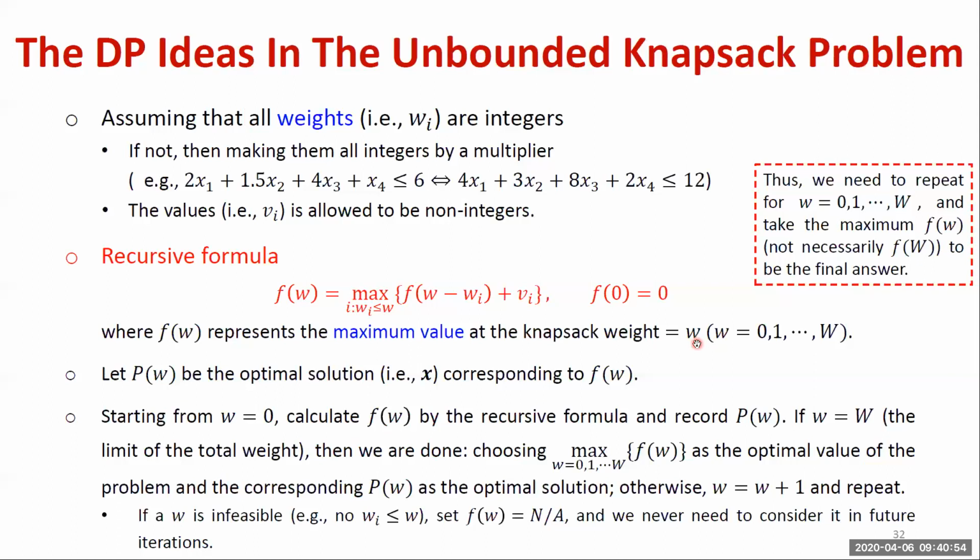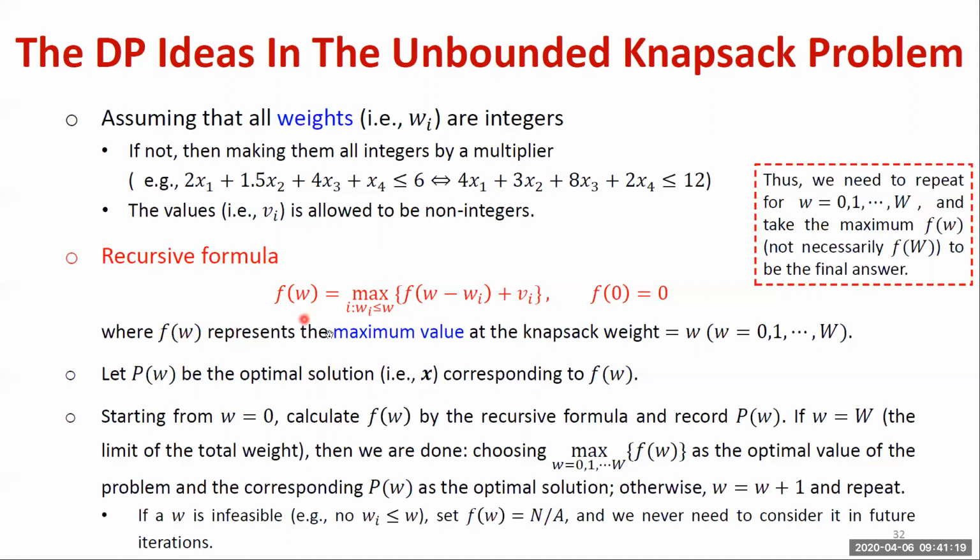This variable is what we finally want to find, for small w equal to the capital W, because Fw represents the maximum value at knapsack weight equal to small w. So how to reach this W?